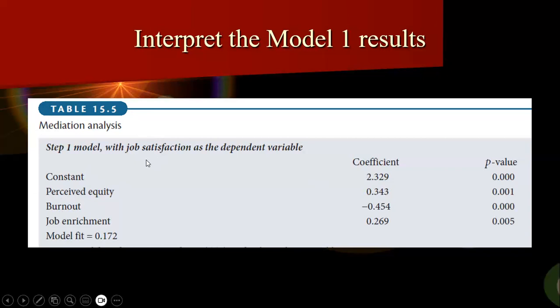In another way, change in job satisfaction is caused by these three variables with an effect of 17.2%. In other words, you can say that the independent variables collectively bring 17.2% change in job satisfaction, right?